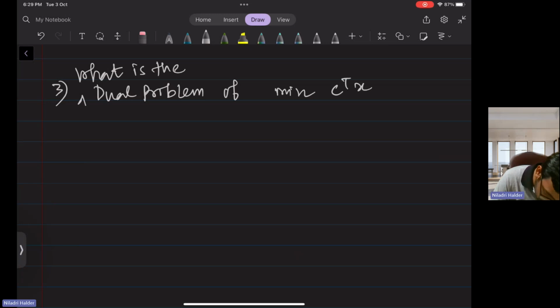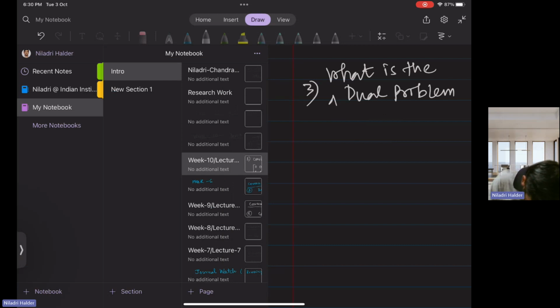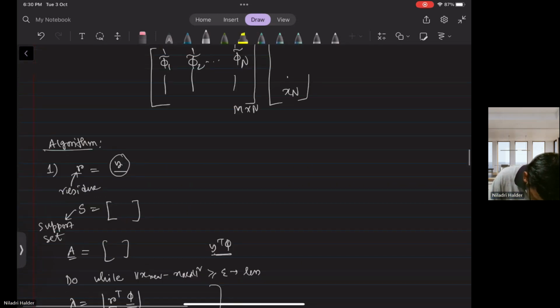It's a linear programming problem: minimize c transpose x subject to A x equal to b and x greater than or equal to 0. So there is one equality constraint as well as one inequality constraint here. How to find the dual problem of this LP problem I had solved in the last class.